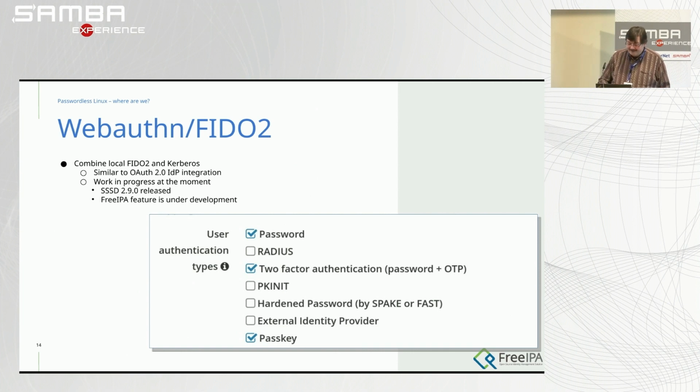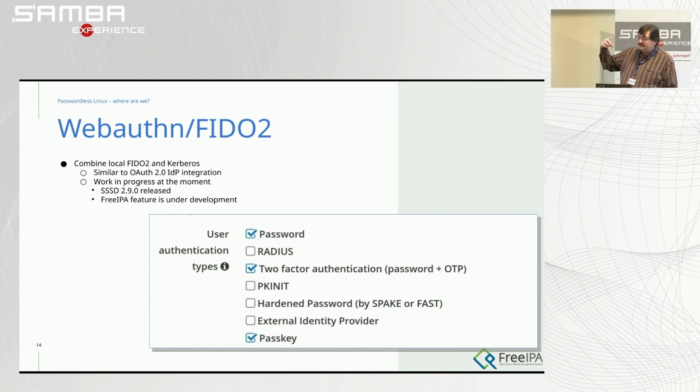Yeah. And so again, this has two big parts. Well, actually, three big parts. There's a server side. There's a Kerberos integration, which is a pre-authentication method, which also has server and client sides.